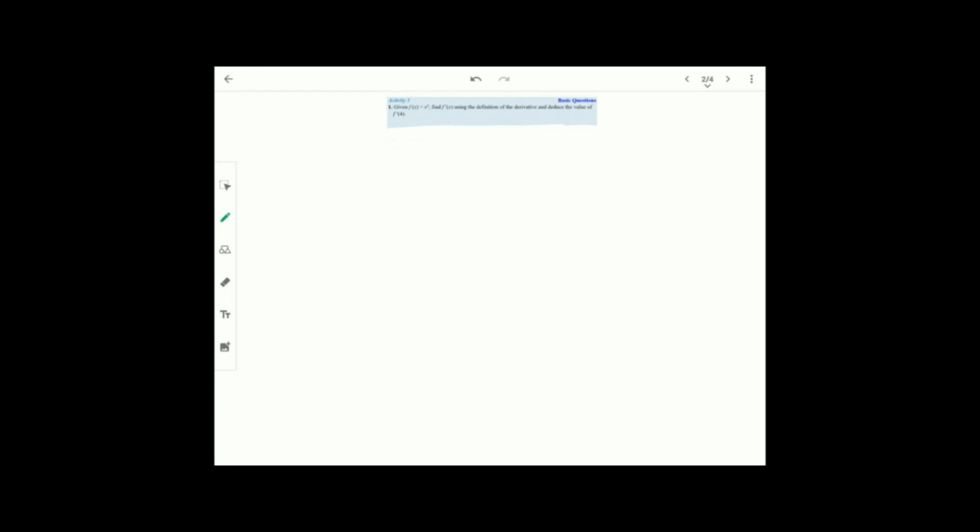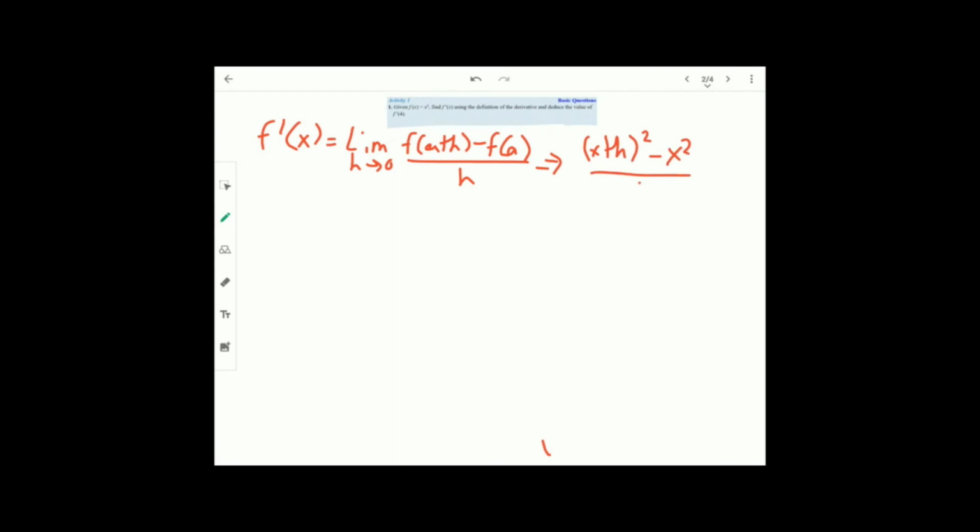Okay, let's check it together quickly. f prime of x using the formula is equal to the limit as h tends to 0 of f of a plus h minus f of a over h. You get x plus h squared minus x squared over h.